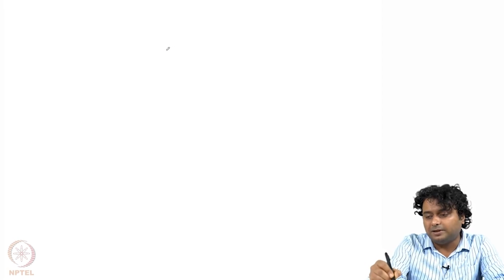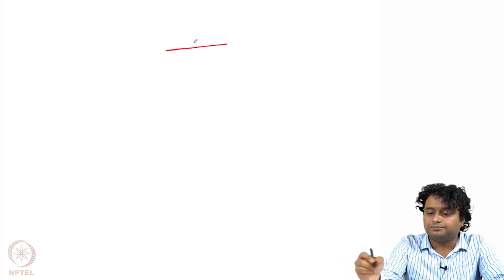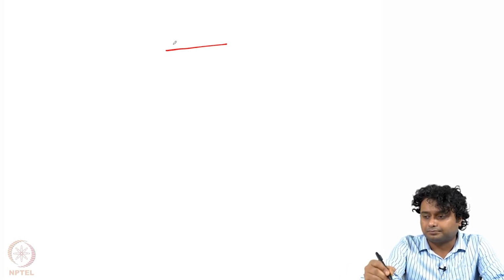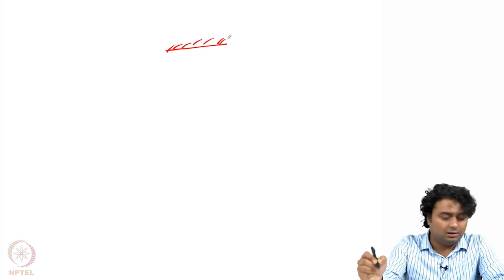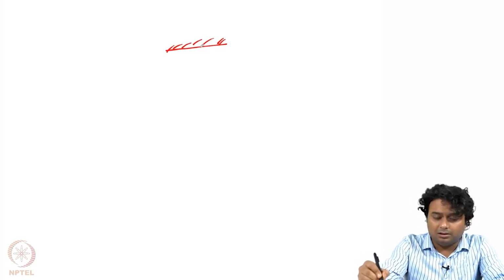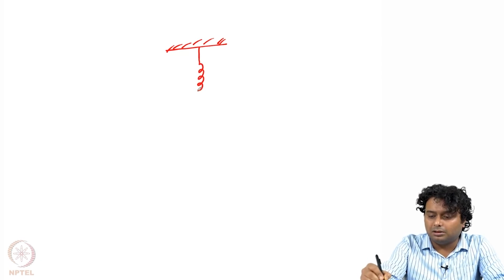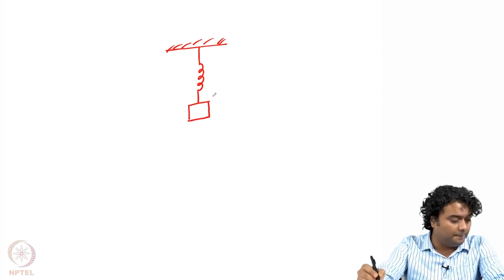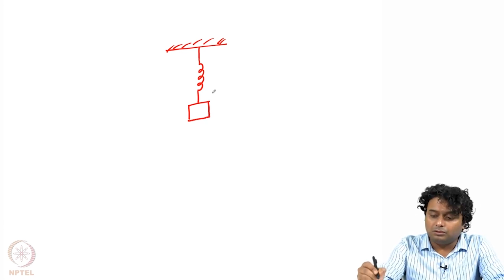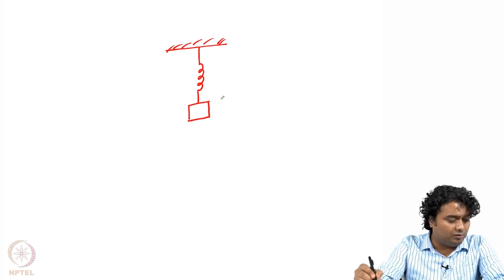Let us say we have this spring mass system. So this is a fixed plane, right, and then you have a spring and then a mass is hanging from it, right. Okay. Now you apply some amount of force.